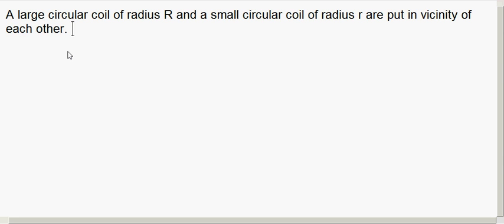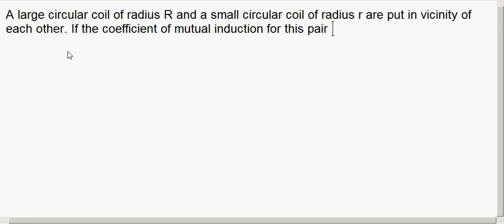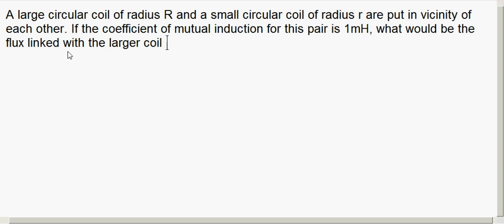If the coefficient of mutual induction for this pair is 1 millihenry, what would be the flux linked with the larger coil when a current of 0.5 ampere flows through the smaller coil?